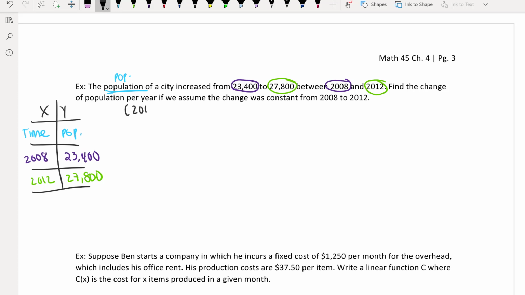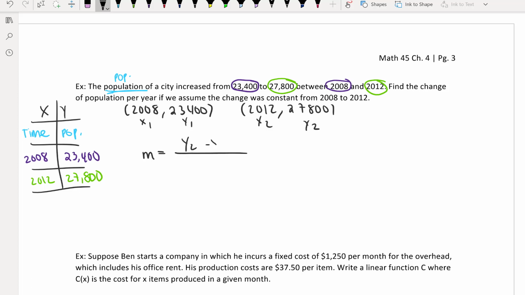So I have 2008, 23,400 as my X1 and Y1, and I have 2012, 27,800 as my X2 and my Y2. And that slope formula would be M is equal to Y2 minus Y1 over X2 minus X1.